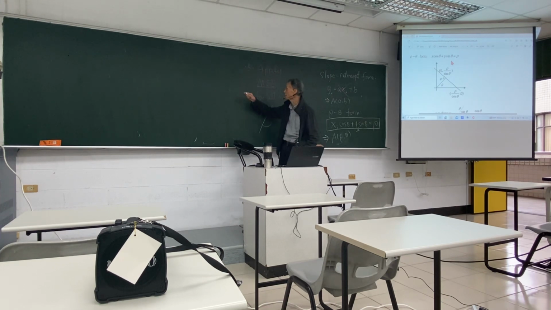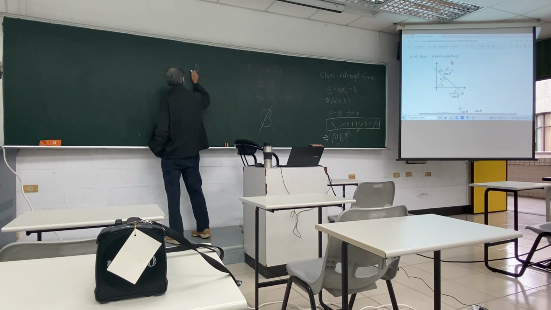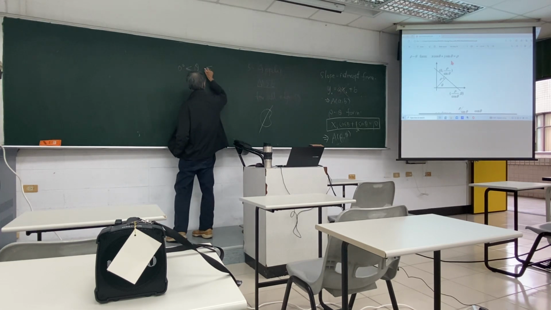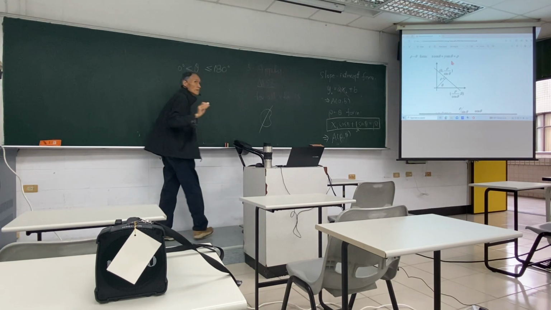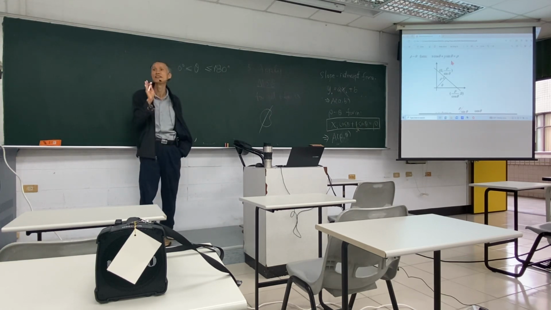Okay, the theta here, you can think of that as between 0 degrees and 180 degrees, let's say, or positive, negative 90 degrees, they're the same. Or between 0 and pi.